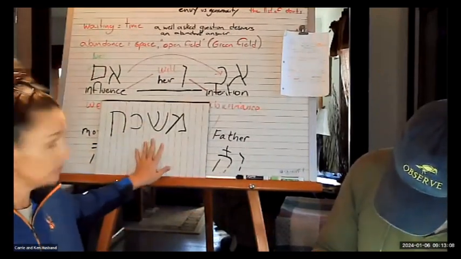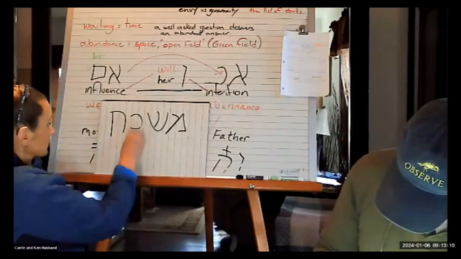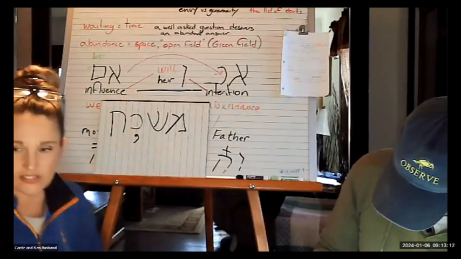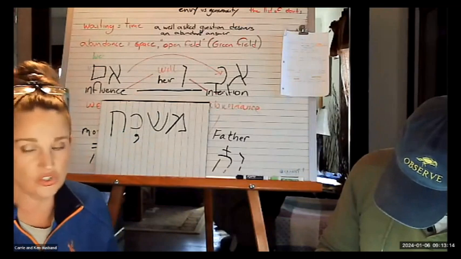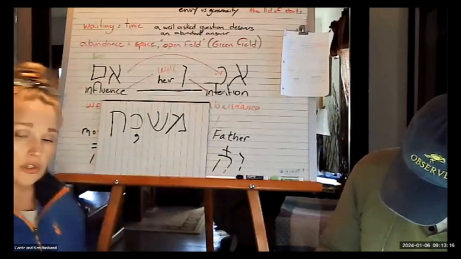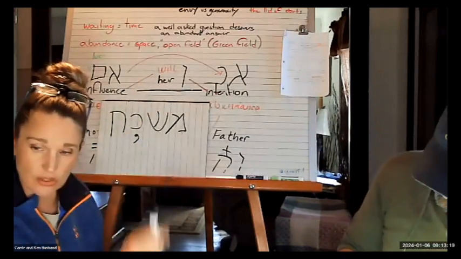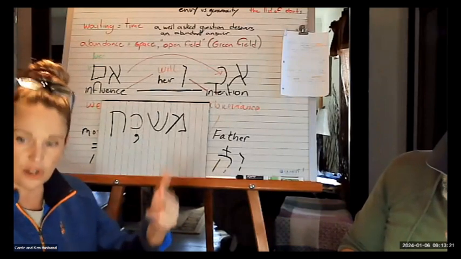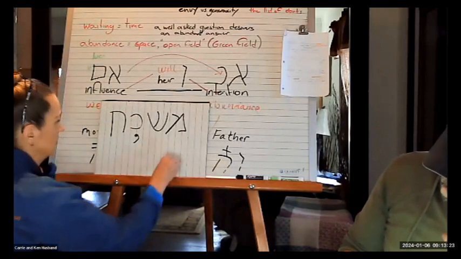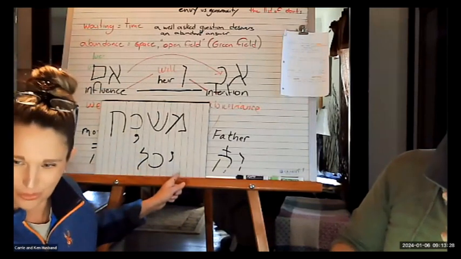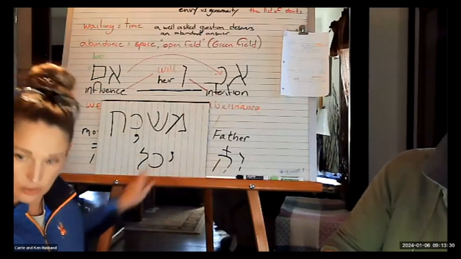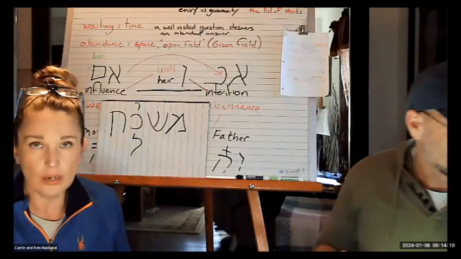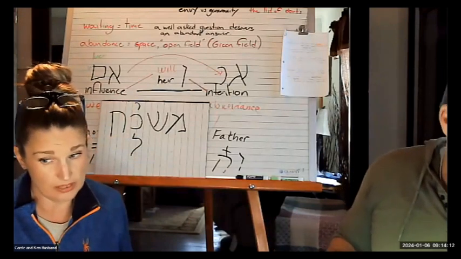To be able, it has a kaf instead of the yod. That's the only difference. If you look at the progressions of the letters, you guys know this. It goes from yod to kaf, then to lamed. There's our yakol. Yod, kaf, lamed. Yakol, to be able.